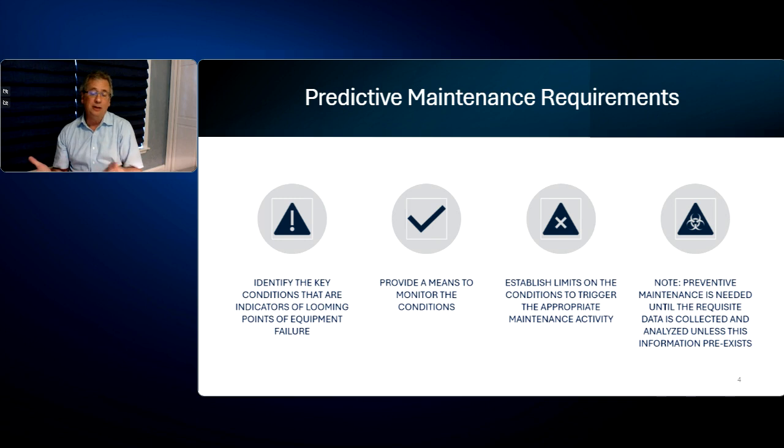This is what we had to do for decades before the availability of larger data sets, which I'll get into in a moment. But PM doesn't necessarily go away. You're still going to need it maybe during the data collecting phase, and there might be elements of PM that you still have to do, even with a predictive maintenance program in place. Okay.